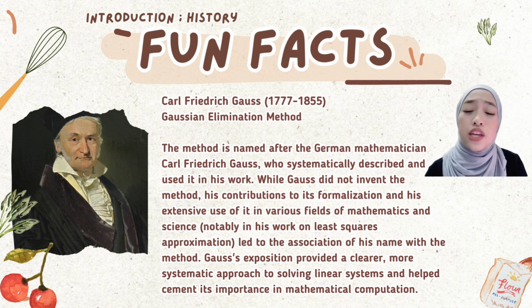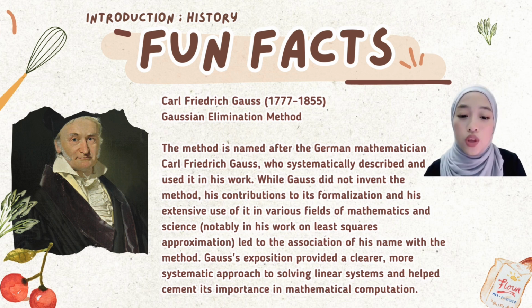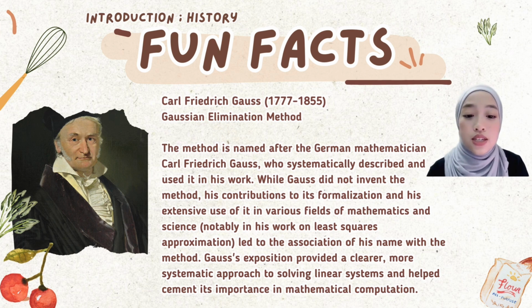While Gauss did not invent the method, his contribution to its formalization and his extensive use of it in various fields of mathematics and science, notably in his work on least squares approximation, led to the association of his name with the method. Gauss' exposition provided a clearer, more systematic approach to solving systems of linear equations and helped cement its importance in mathematical computation. This is the fun fact of the history of the Gaussian elimination method.